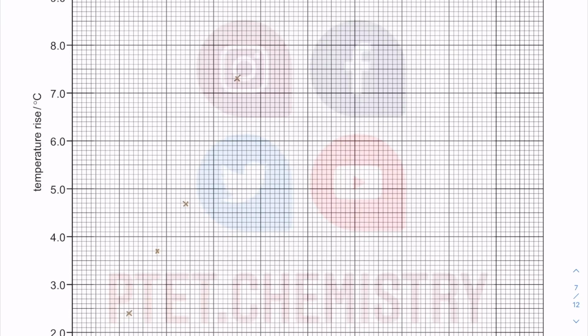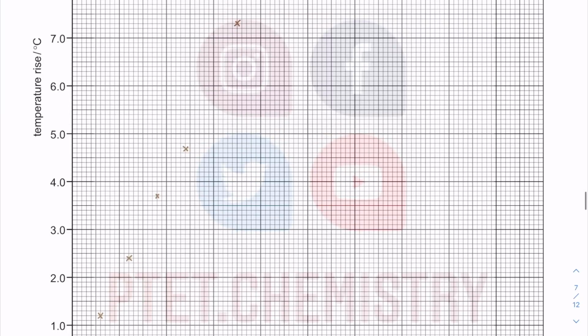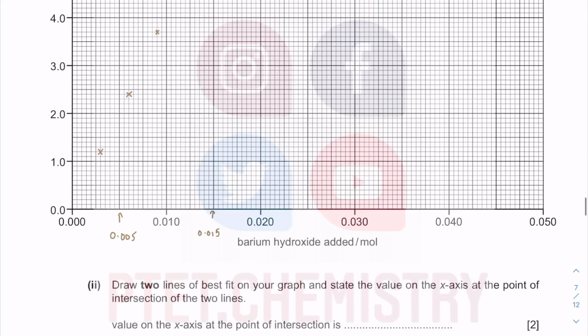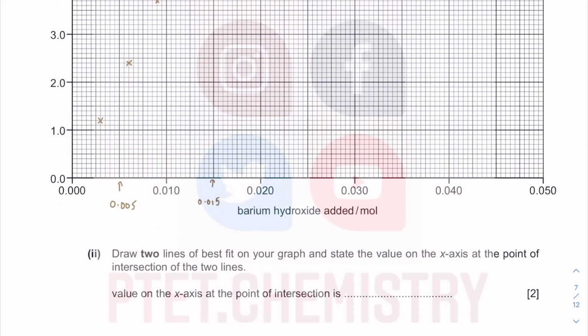And then 0.0234, I would imagine that would be close to 0.0235. So 0.0234 and 9.7.